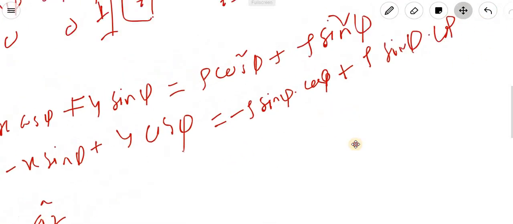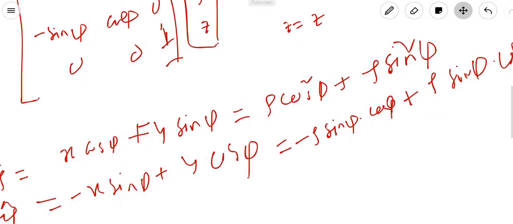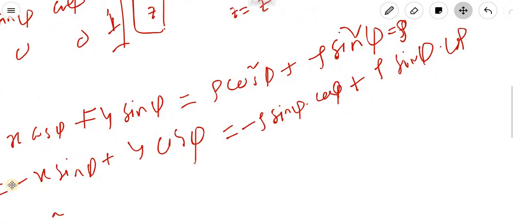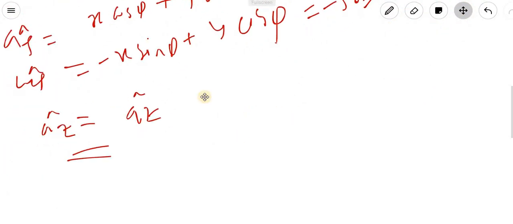So for the a rho component, if we take the common rho outside, then cos square phi plus sin square phi equals 1. That means there will be only rho, and for the phi component, phi no longer exists, and z is z.